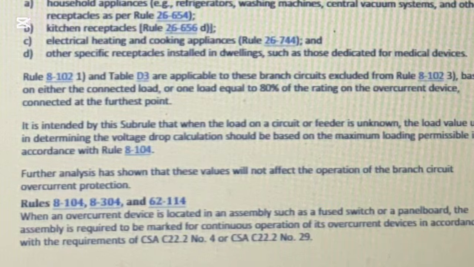For continuous load, a breaker should only be loaded to about 80% of its rating. Example, you have a 20 amp breaker times 80% equals 16 amps continuous load. Example, electric heater drawing 16 amps continuous.